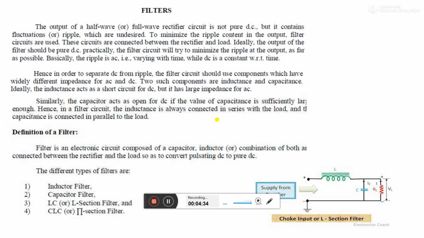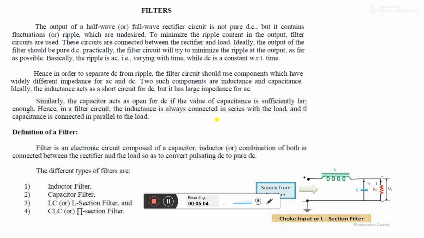The technical definition for a filter circuit is as given here. A filter is an electronic circuit composed of a capacitor or inductor or a combination of both, connected between the rectifier and the load or regulator, so as to convert the pulsating DC output of the rectifier to the desired pure DC.